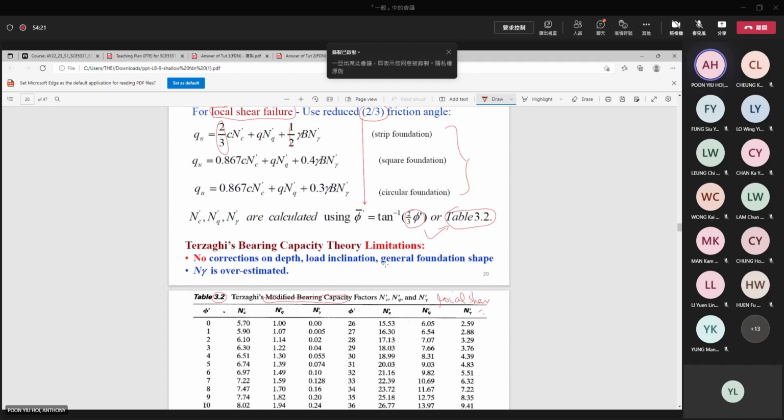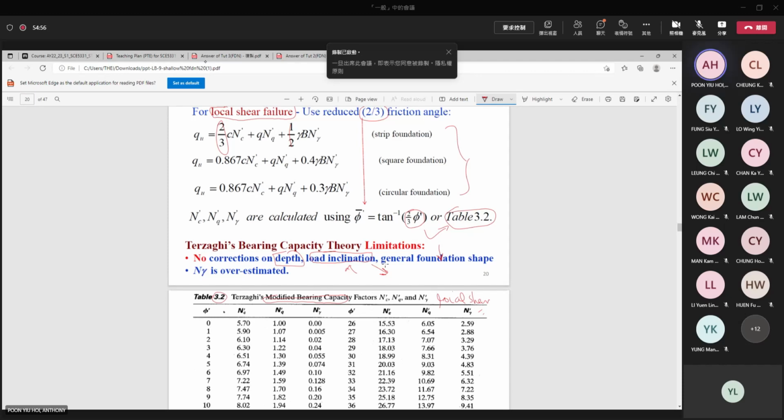Of course, there are also limitations for Terzaghi. If you look at the equations, there's no consideration for depth, and no consideration of inclined load. What does inclined load mean? Because in the development, the loading is always assumed to be vertical, right?